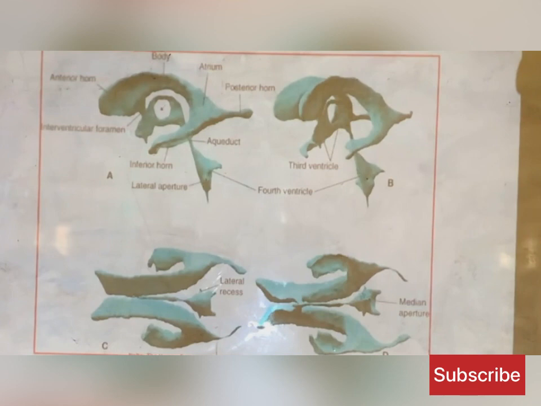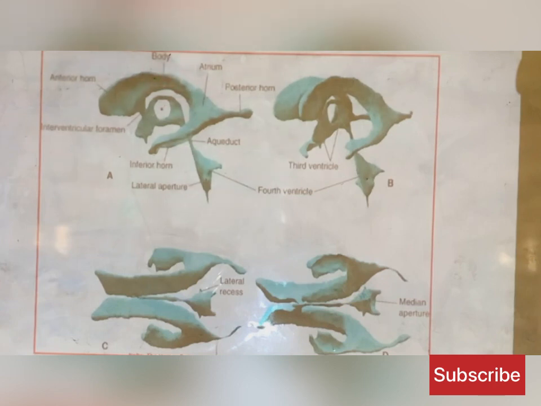If you look at this C-shaped structure, this is the lateral ventricle. As I told you before, it is located within the cerebral hemisphere, a space inside each of the cerebral hemispheres.